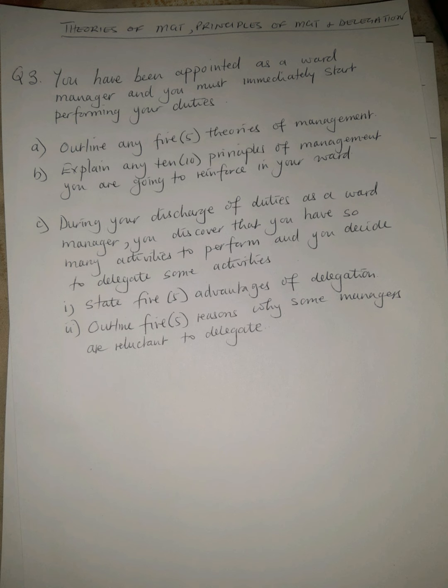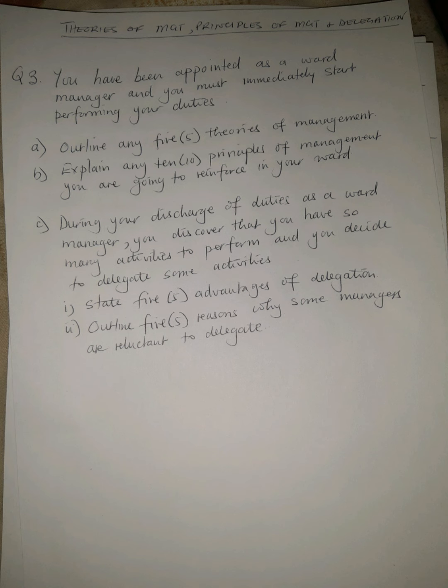Now, in the scientific or classical management theory, it places emphasis on finding one best way to perform and manage tasks, simplifying tasks, standardization of tasks, rewarding and punishing employees according to job performance to increase productivity.